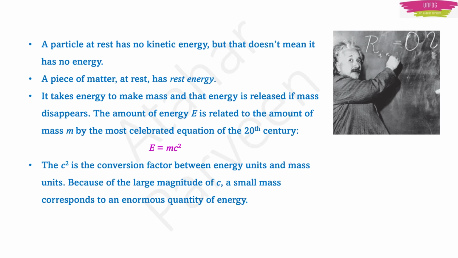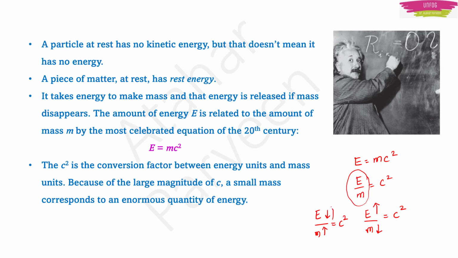Because see, if I write E is equal to mc square like this, I can clearly understand that E by m is equal to c square, right? So this term should be equal to c square. In case E is increasing, what I will do? I will decrease m. In case E is decreasing, I will increase m.